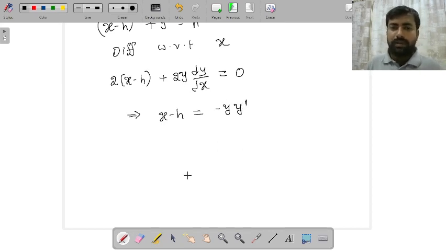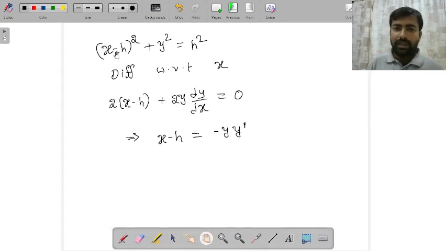So therefore in place of x minus h I can replace it. Here one h will be eliminated, and one more h is there. To eliminate this, let me find what h is. So this implies h is nothing but, you take x to the other side, so that you get h equal to x plus y into y prime.